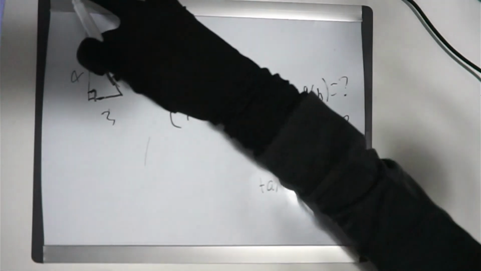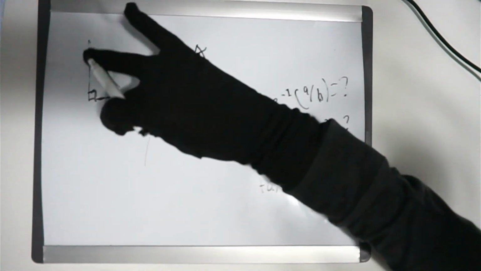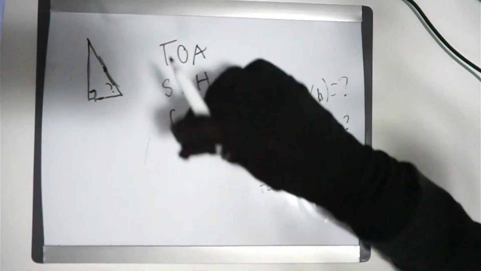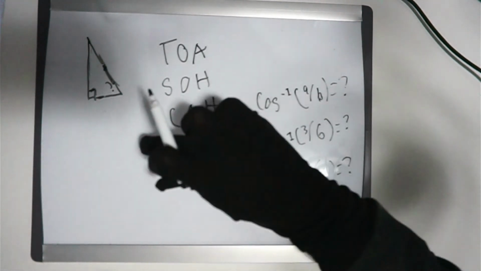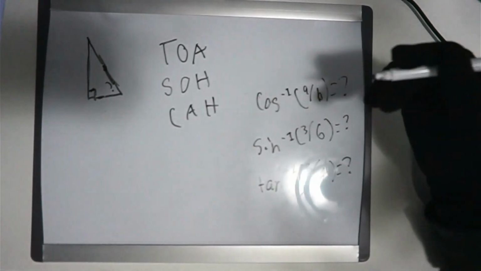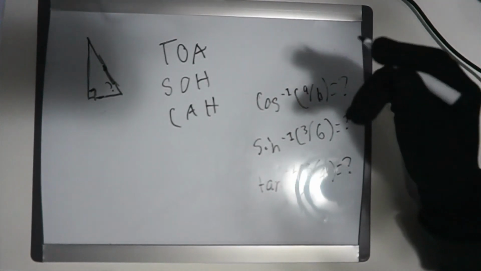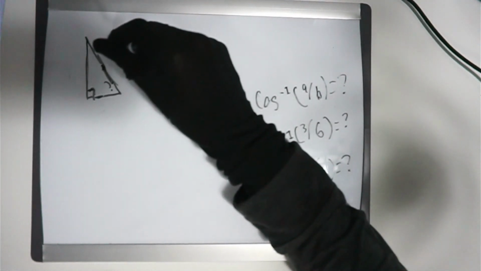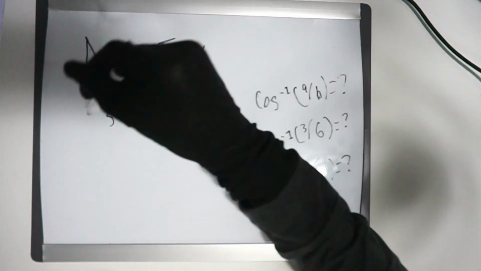Say we moved the question mark. So let me redraw this triangle. So say we move the question mark down there, and like we have 6, 3 again.